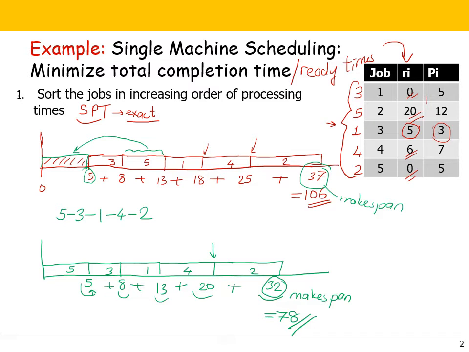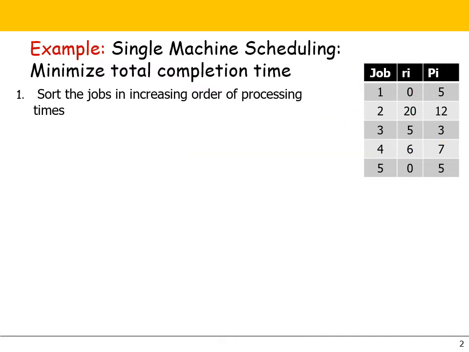Okay, so it becomes a heuristic, and somehow we may need to include these ready times into the problem. So how can we modify this algorithm? There may be many modifications. Of course, you can think of your own modification as well.